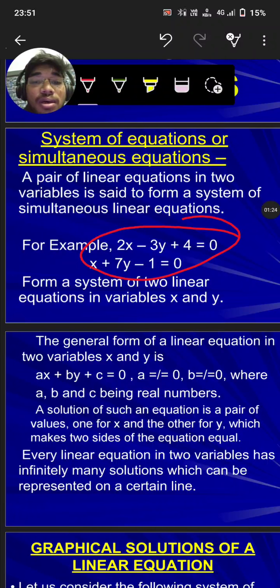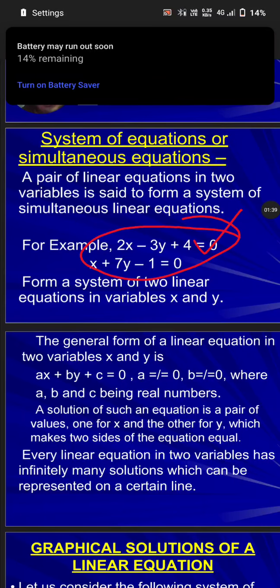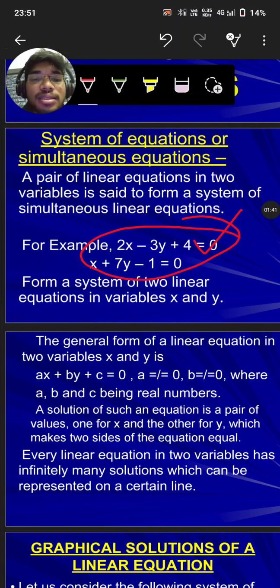Here 2, 3 are a, b which are not equal to 0, so it is a linear equation in two variables because it involves two different variables and has degree 1. And the second one is x plus 7y minus 1 equals 0. Here also two variables are involved, x and y, having degree 1, so it is also a linear equation in two variables.